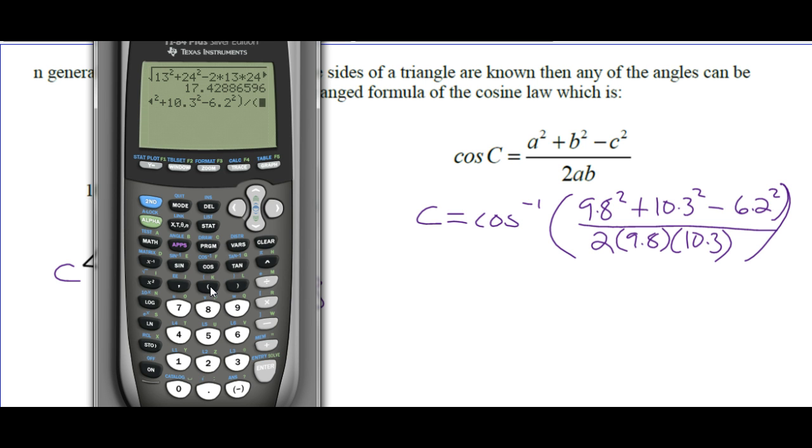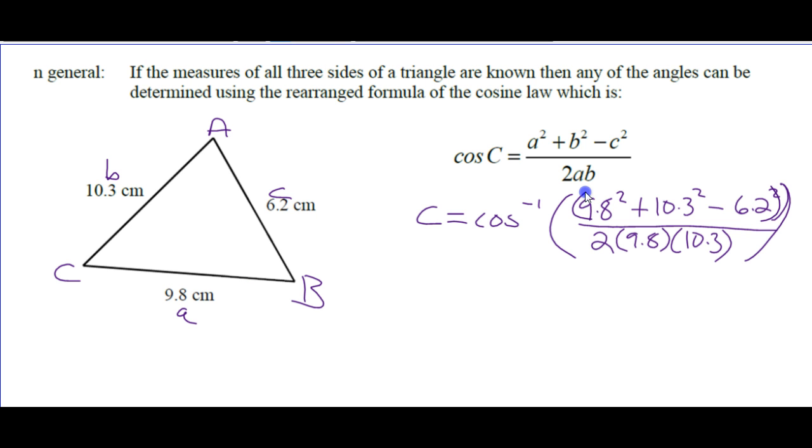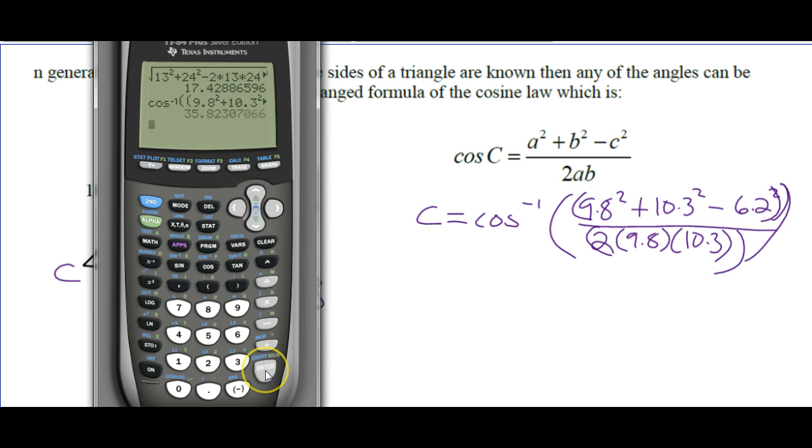So now we go divided by 2 times 9.8 times, whoops, hang on, missed a times there, times 10.3, close the bracket, close the big bracket, right? So what we now have is cos inverse. We've got this in brackets, and we've got this in brackets, right, with the division in between them. And then we hit enter, and we get 35.8 degrees.